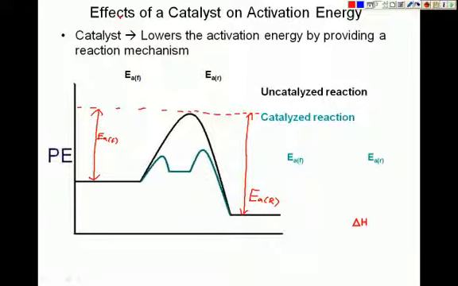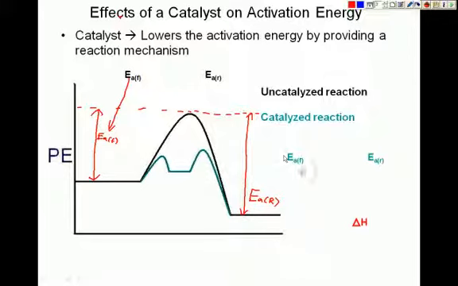So when this reaction is going forward, it requires a minimum of this much energy in order for it to become products. And in the reverse reaction, it requires this much energy in order for it to proceed. Okay, so this is the activation energy for the forward reaction and the activation energy for the reverse reaction.